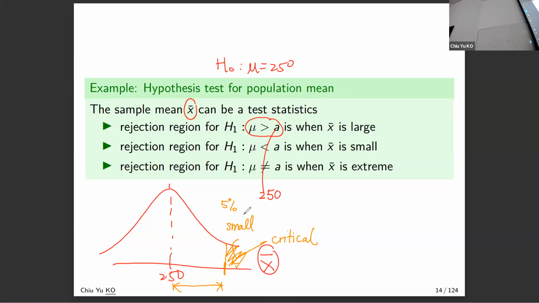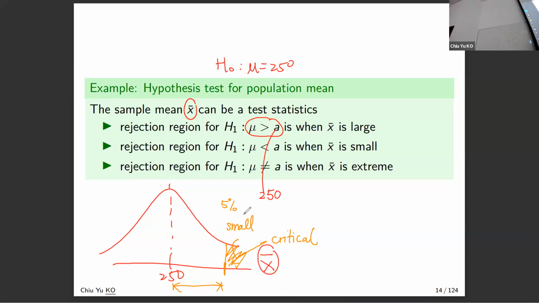That is the overarching idea. Of course, we'll go into more detail. If we say X1 is big, how big is so big that we would take H1 rather than H0? When this area is very small, how small? 5%, and this is called the critical value, which is beyond the reasonable doubt.